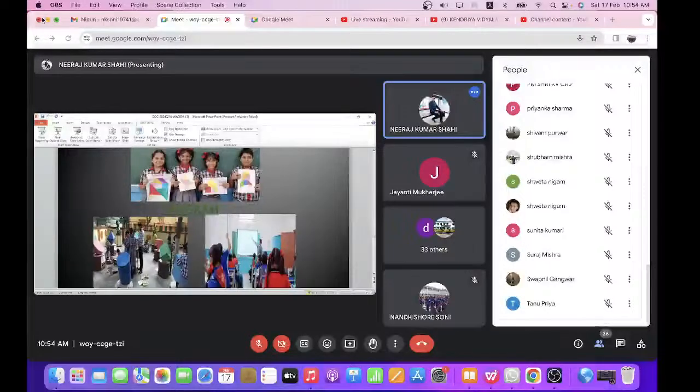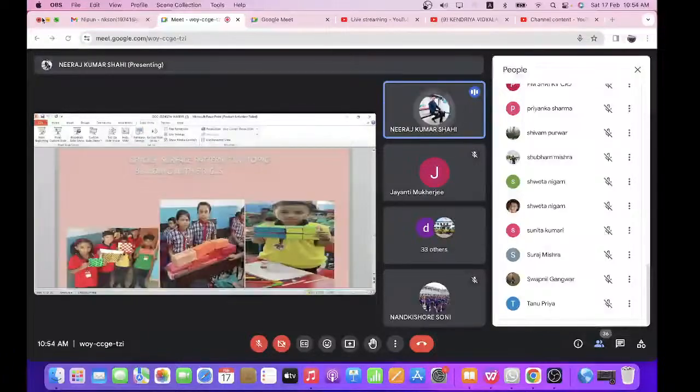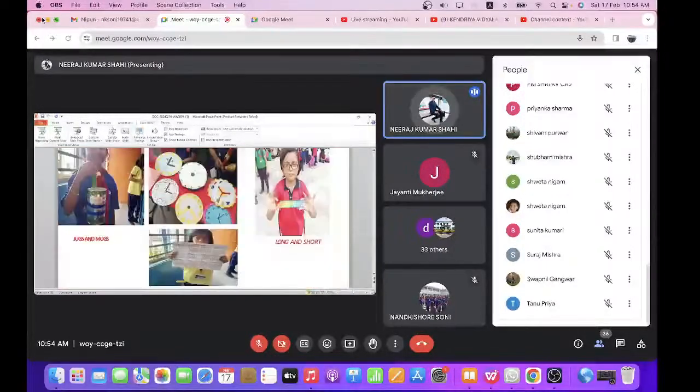In these pictures, the brick surface patterns TLM topic was given to the students. The students also prepared it, and we also helped them to enhance their learning and to tell the timing, the capacity and long and short.